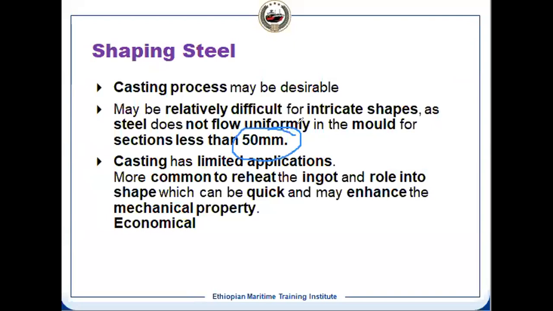The mold section cavities are made a minimum of 50 mm. Otherwise, when you pour it, there will be cavities inside. It will not be filled up completely and the structure will not be strong. That is, by casting, we give the shape also.